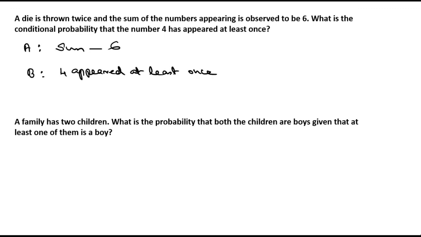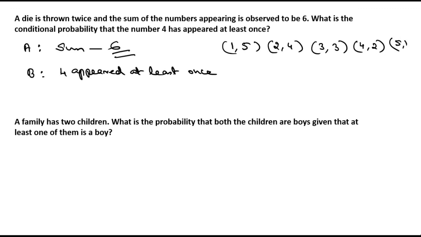What are the possibilities that when a die is thrown, the sum is 6? So 1, 5, this is one possibility. Then 2, 4. Then 3, 3. Then 4, 2. Then 5, 1.